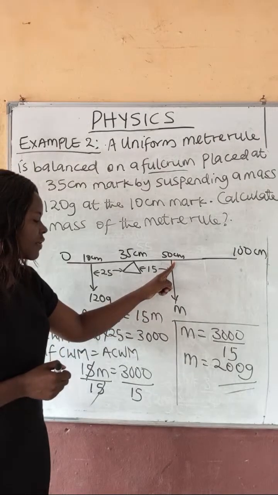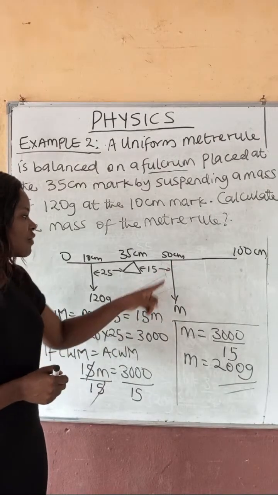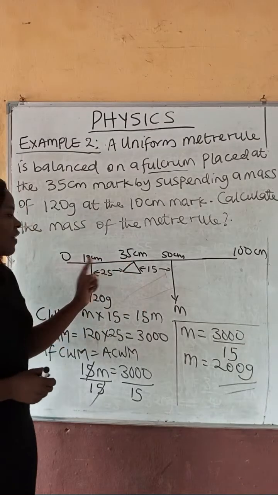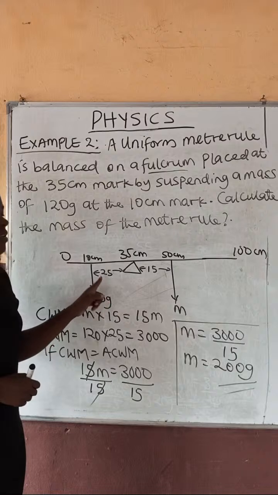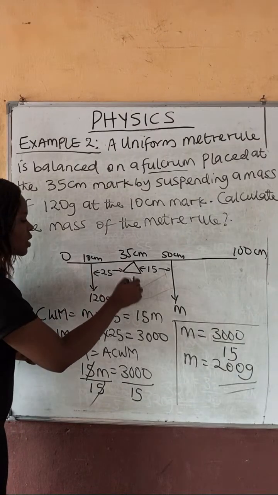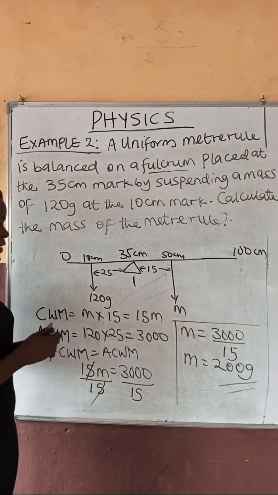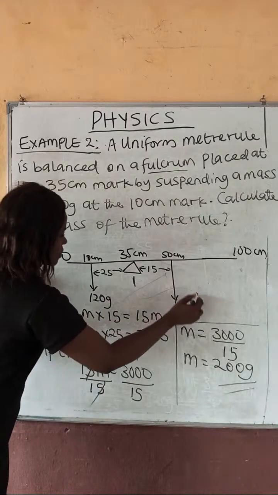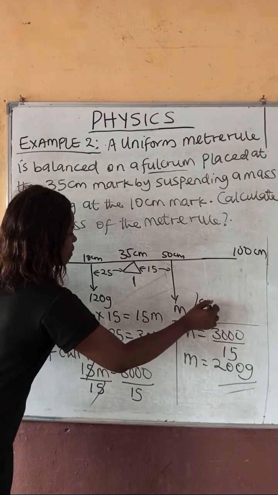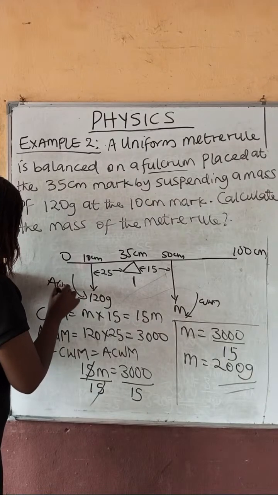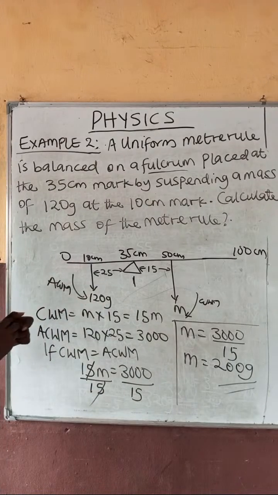So to find the difference, 50 minus 35 is what? 15. Then 35 minus 10 is what? 25. That is the distance from here to the pivot, because we are taking moments with respect to the pivot. So this is the clockwise moment, and this is the anticlockwise moment.